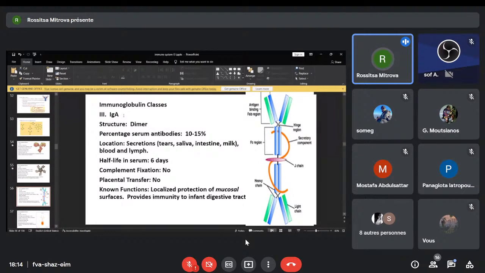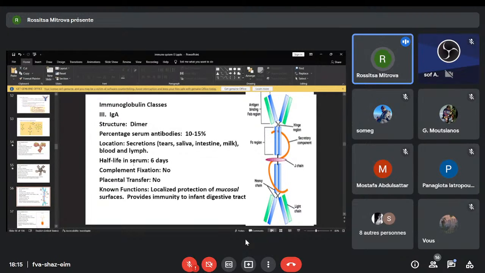The immunoglobulin A class, a dimer structure, 10-15% in serum. It is found in different secretions like tears, saliva, in the intestine, in milk of the mother, blood and lymph as well.